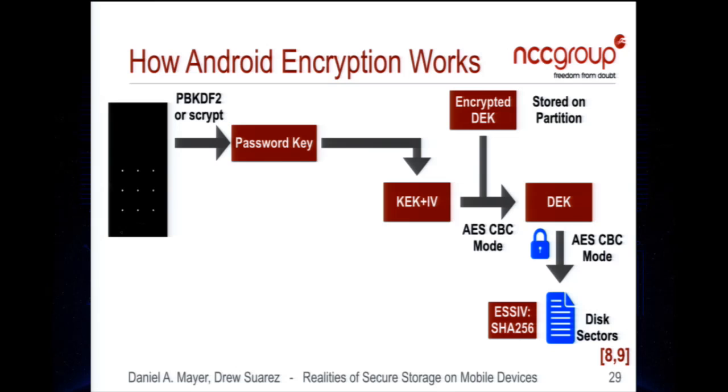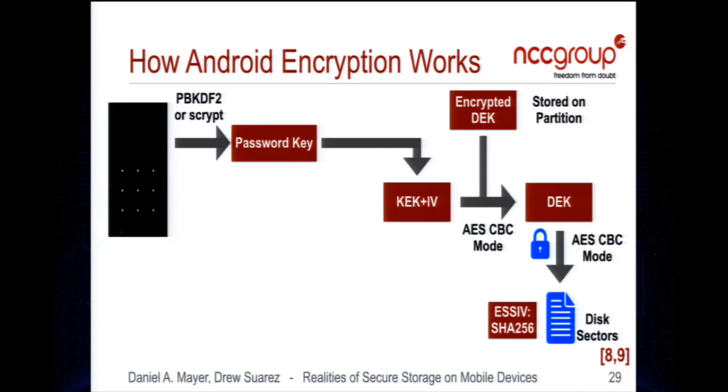So similar to iOS, we have a key derivation function. It's very hard to see that screen, I'm sorry, but this is a lock screen. You can use a PIN, a pattern, or a password on Android, as you may know if you use Android. Google used PBKDF2 up until KitKat, and then they switched to scrypt to protect against brute force attacks. And we see that the password key is what generates here.